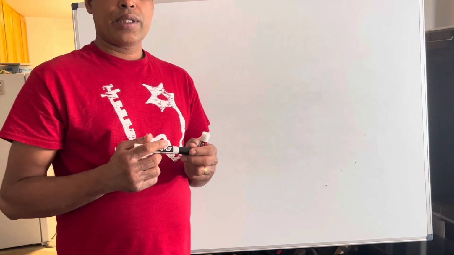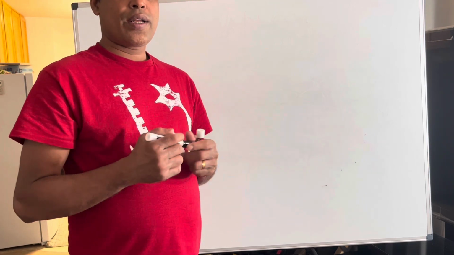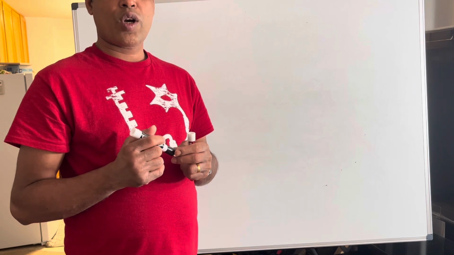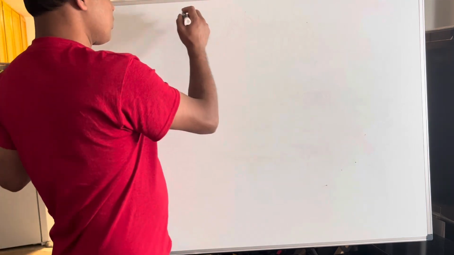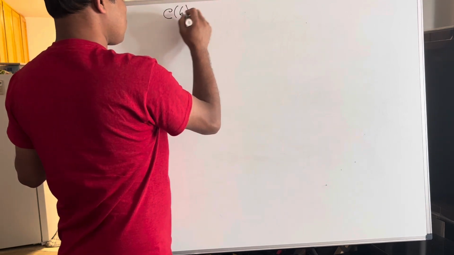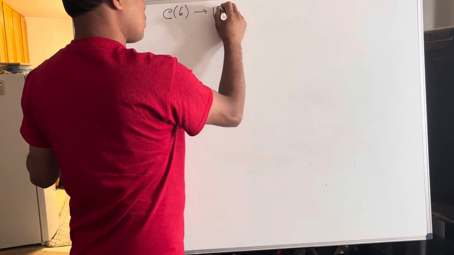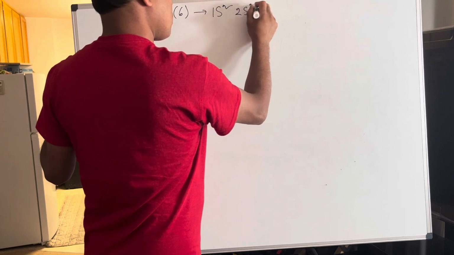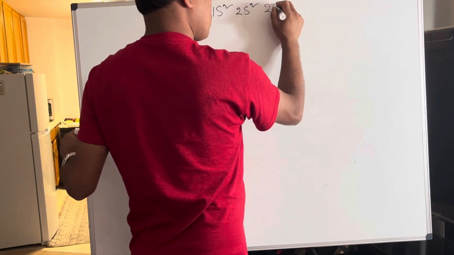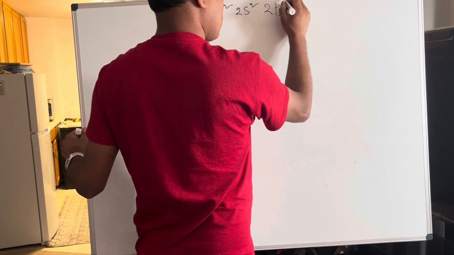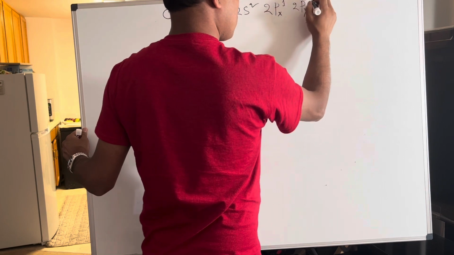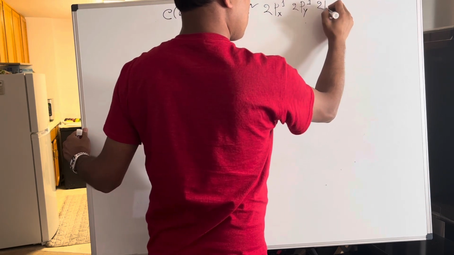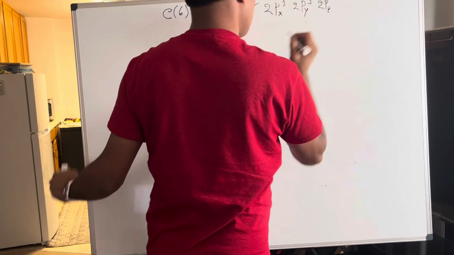It totally depends on, if you understand the electronic structure or electronic configuration of carbon, then you will understand how hybridization happens. So let's see what the carbon electronic configuration is.